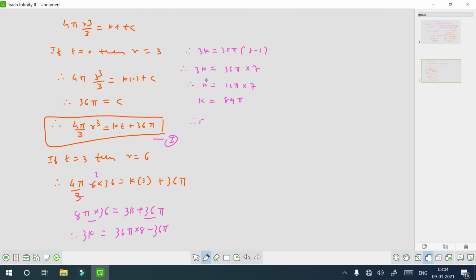So result number 1: 4 pi by 3 r cube is equal to 84 pi t plus 36 pi.